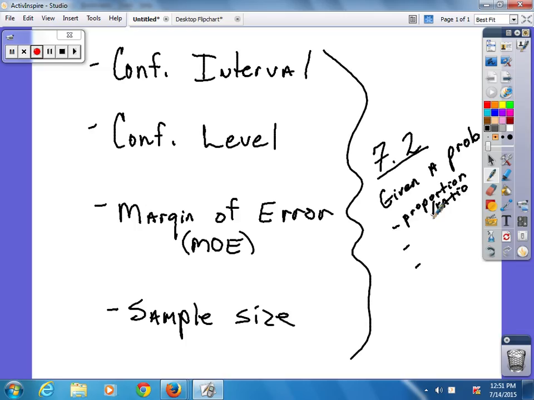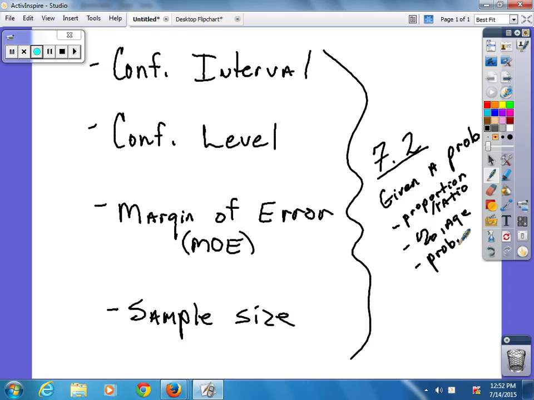The other is going to be a percentage. And the other, it'll be a probability, in other words, a decimal. So you're going to have a fraction, a decimal, or a what?